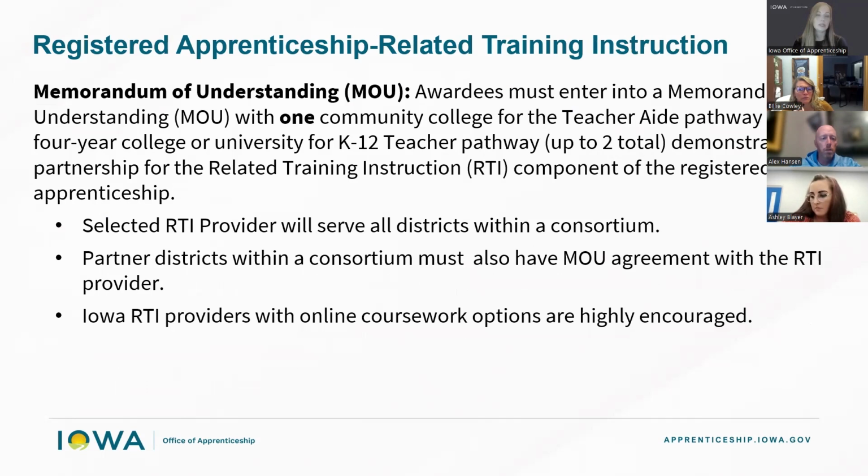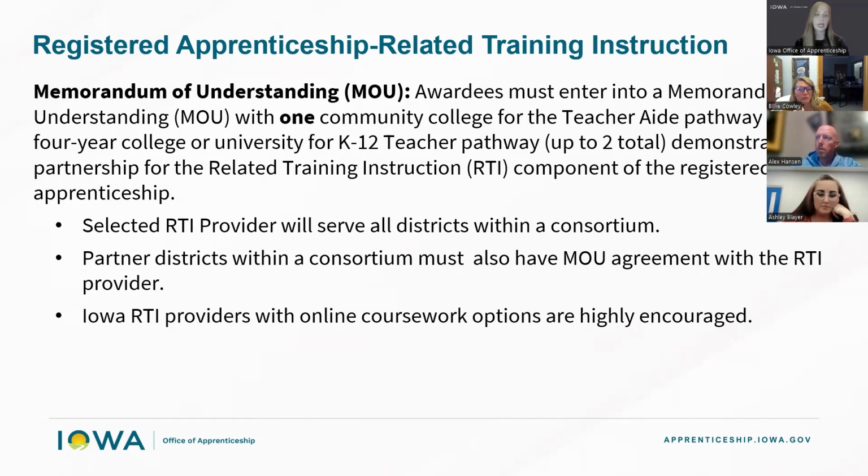So prior to submitting your application, as noted on the eligibility slide, awardees must enter into a memorandum of understanding with one community college for the teacher aide pathway and or a 4-year college or university for the K through 12 teacher pathway.